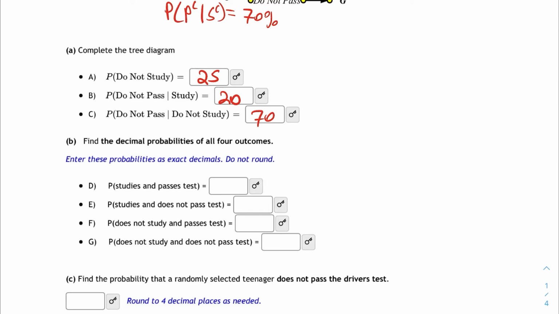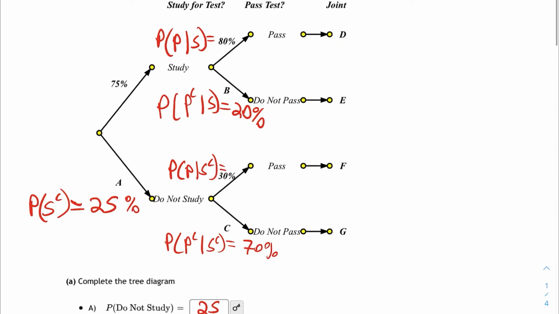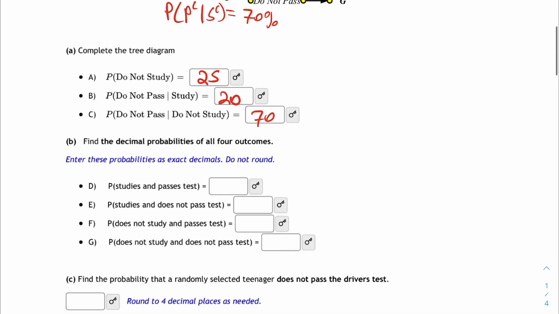We have the conditional probabilities for all four events we're looking for, and it turns out that the joint probability is just the conditional probability times the probability of the other event.